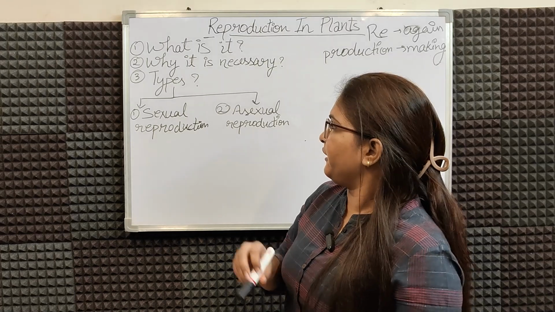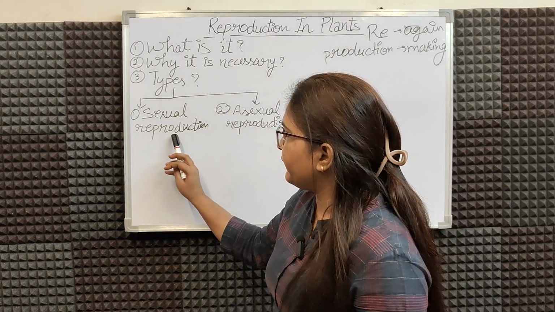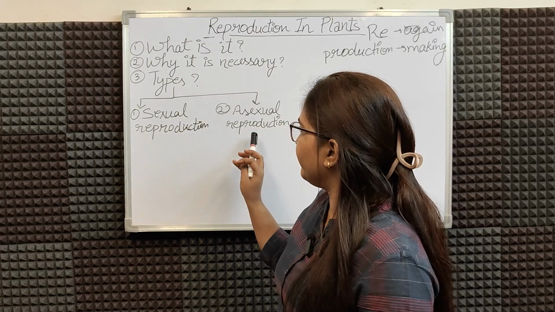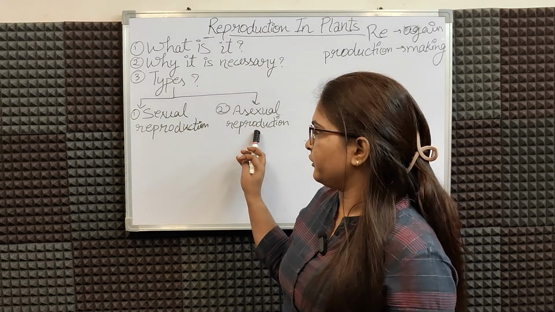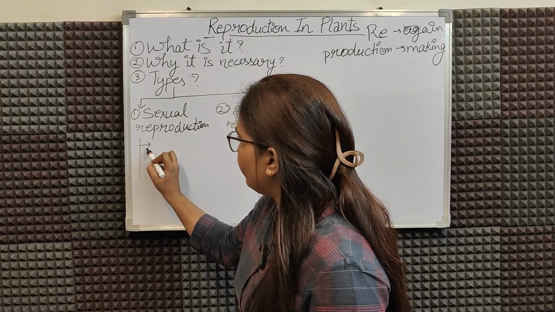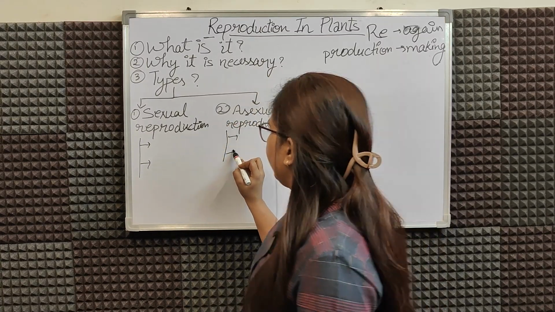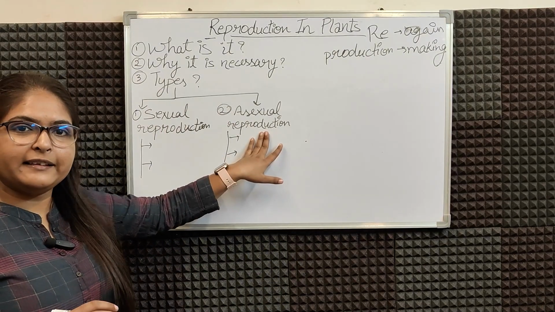And third, I have to talk about the types of reproduction. The first one is sexual reproduction and the second is asexual reproduction. There are two main points by which we can differentiate between them.